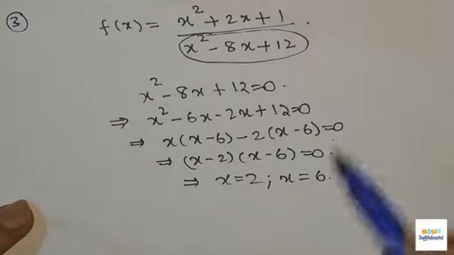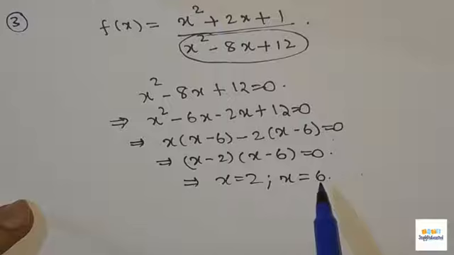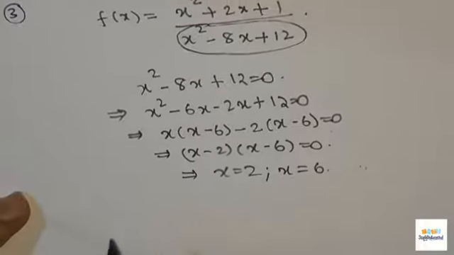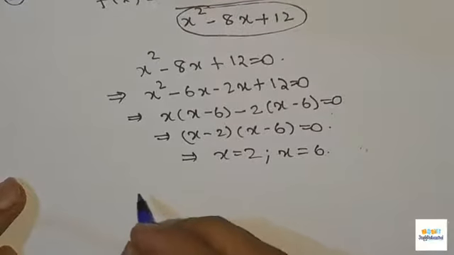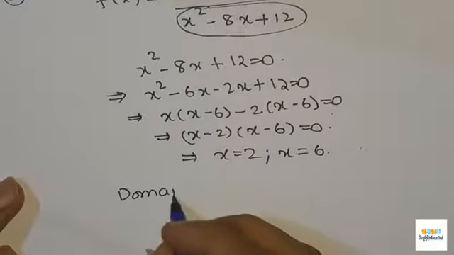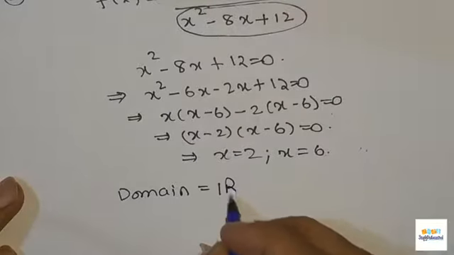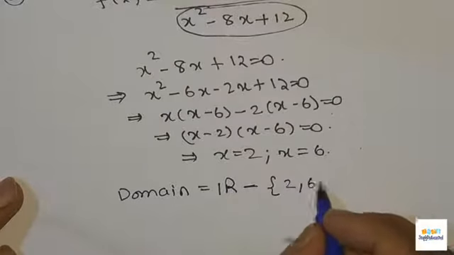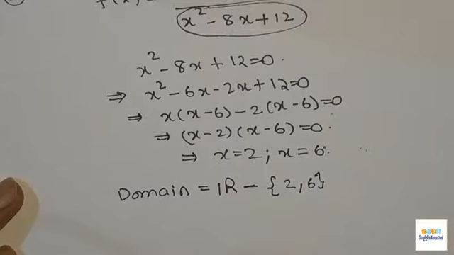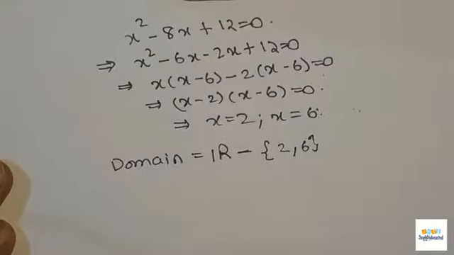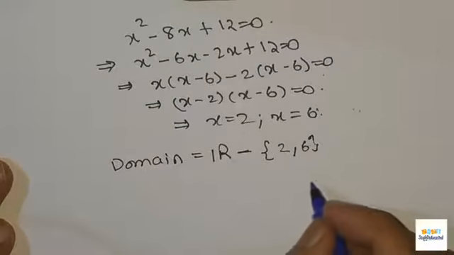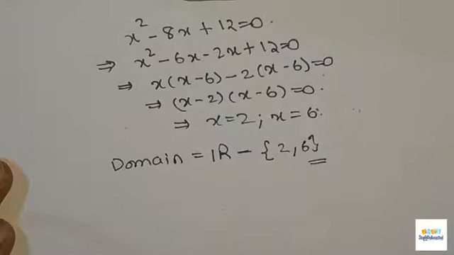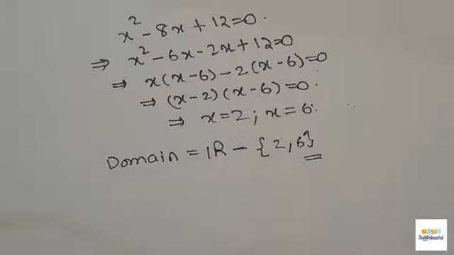Okay, so we have to remove all these values from the real numbers, and then you will get the domain. So domain will be equal to the real numbers minus the set {2, 6}. Okay, so that was the domain of the function f(x) and the solution of problem 3. Now let us go to the fourth problem.